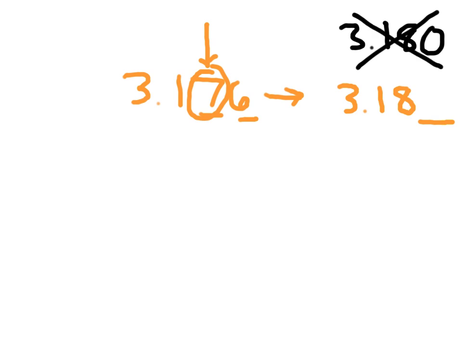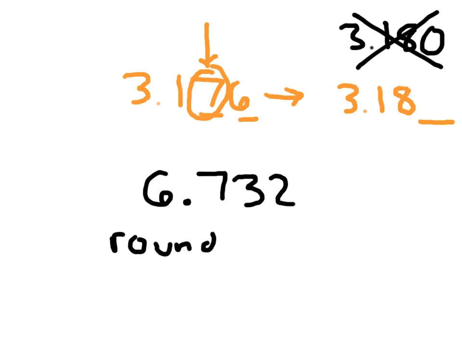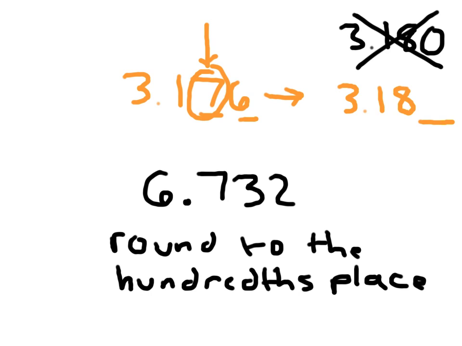The other thing that you need to be aware of is that you must understand place value. So if you were given this number here, and you were asked to round to the hundredths place, what digit is in the hundredths place? If you were thinking 3, great.